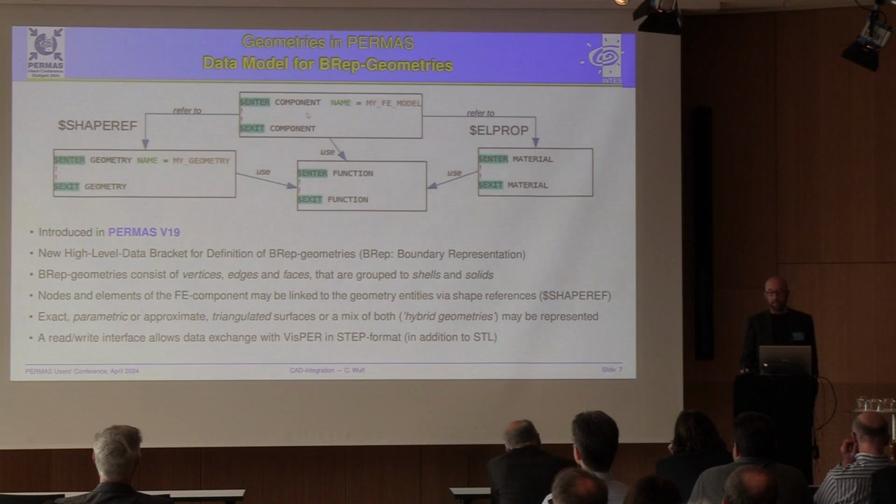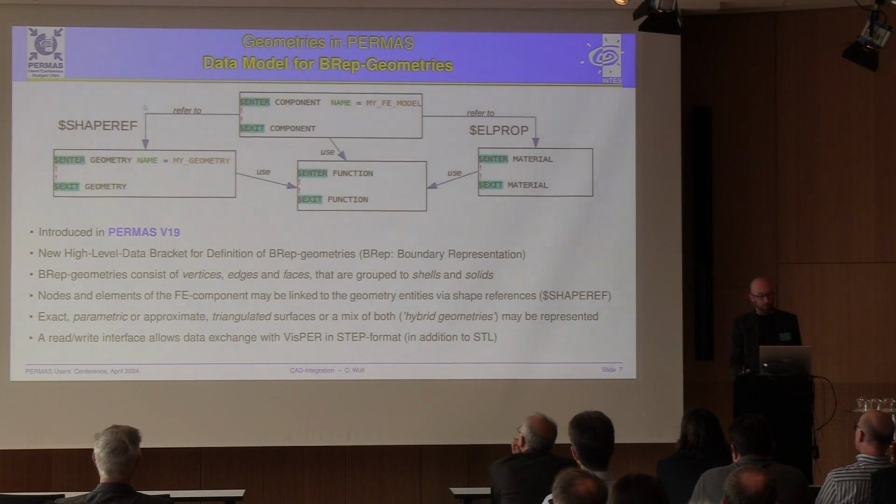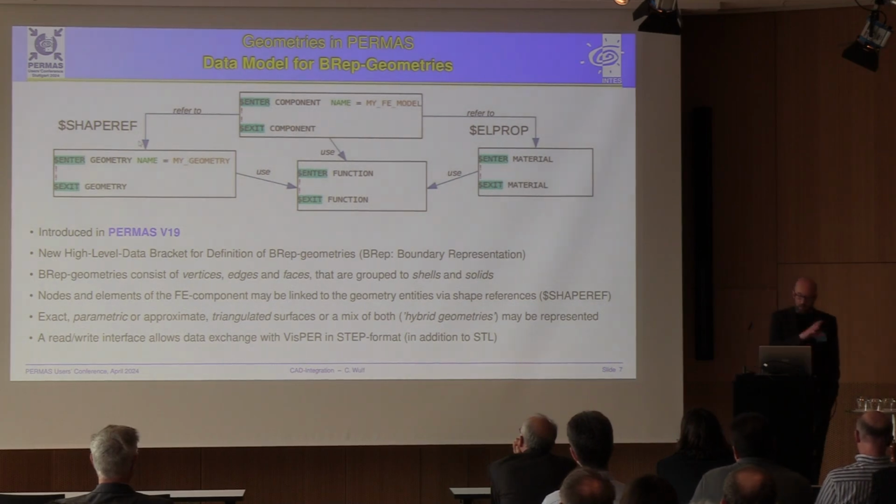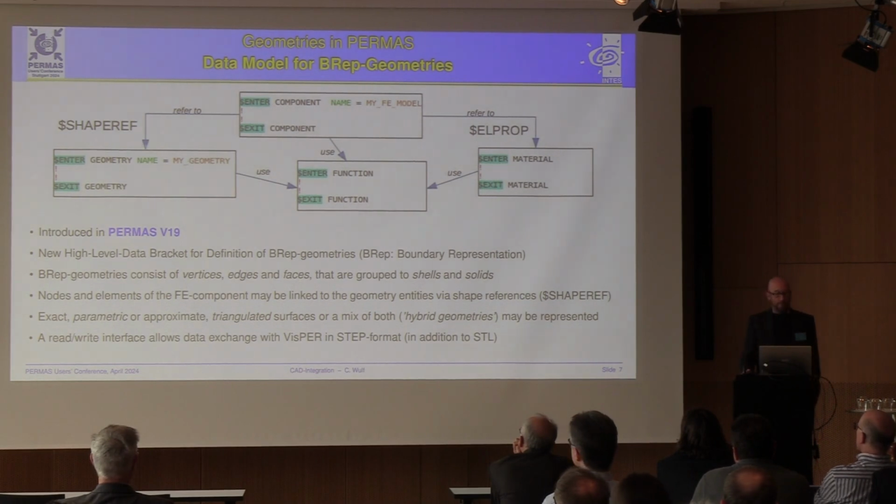In the same way, you can link the nodes and elements of the FE model to the data of the geometry. Another important feature of our data model for geometries is that, as well as exact or parametric geometries, we can also represent approximate ones, as we did before, let's say triangulated surfaces, or even mix both types of geometry representations, exact and approximated, in what I call hybrid geometries.